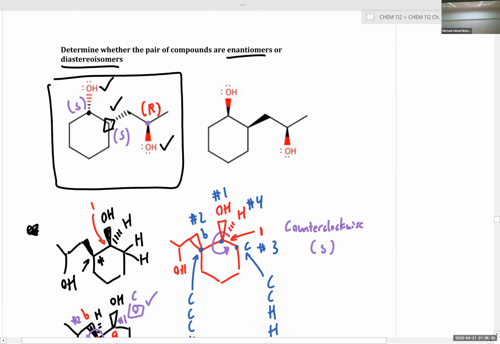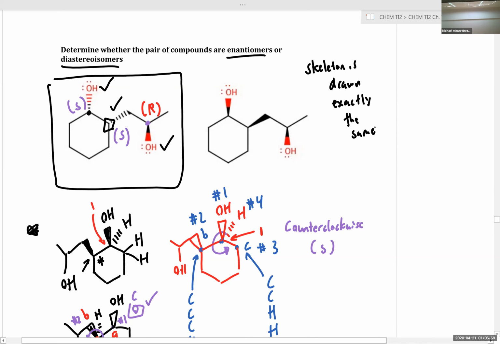Okay, now this was review, but what we can do, instead of manually solving the structure on the right, we can think, if we change from a dash to a wedge and our structure is drawn exactly the same, we need to make sure our skeleton is drawn exactly the same.